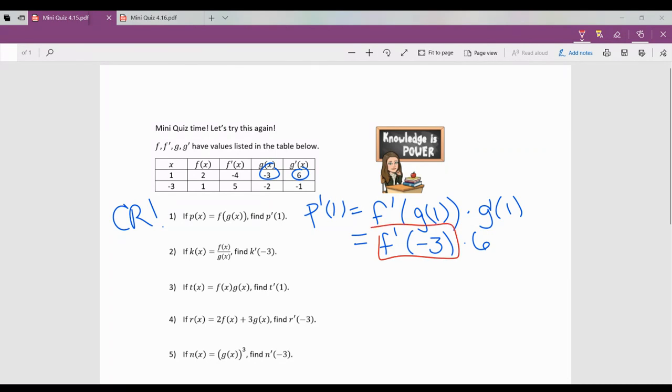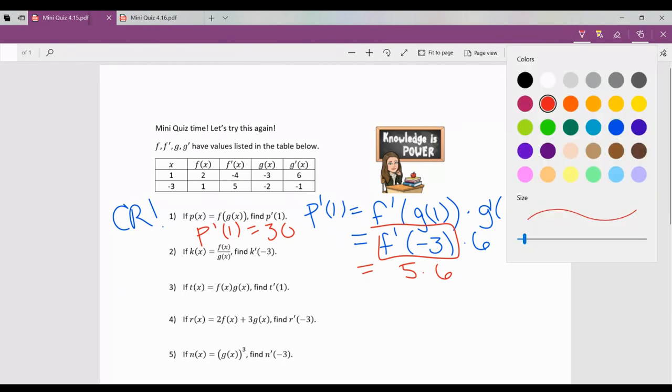So f prime of -3 equals 5. So that's going to equal 5 times 6. So p prime of 1 equals 30. All right. So I'm going to erase these little circles here so that for the next problem, those aren't there. Okay, on to the next one.